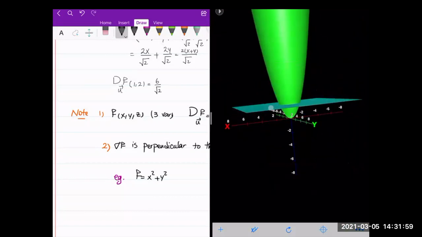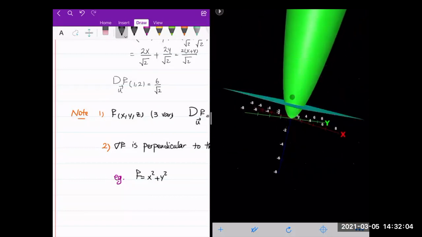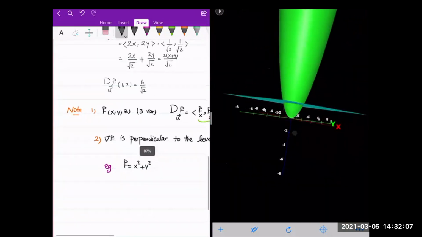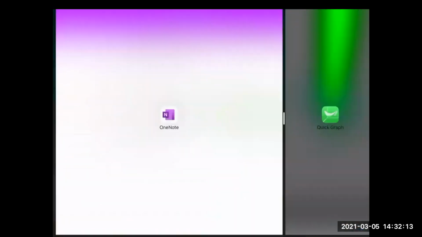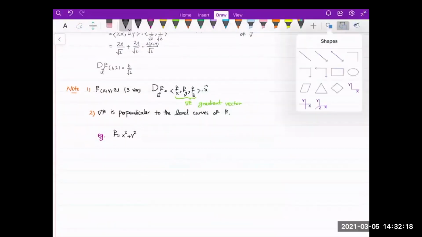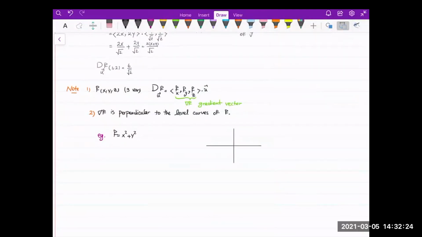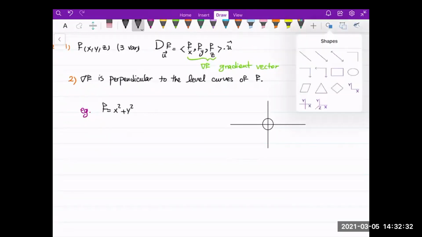The intersection of the plane z equals some constant with the paraboloid. So that was a reminder of the level curves. The level curves for this function are just circles.